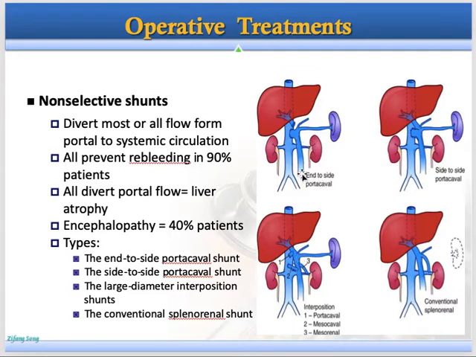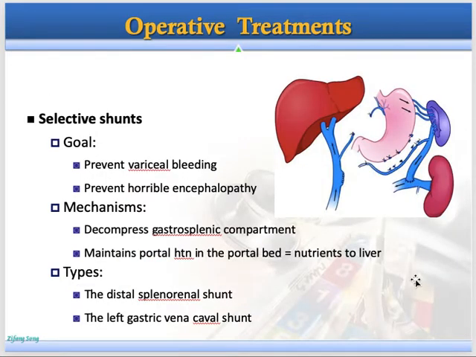You can see the portal blood is coming and going into the systemic circulation, and again splenorenal. The portal blood is going into the systemic circulation. So these are the operative managements, and these are the selective shunts.